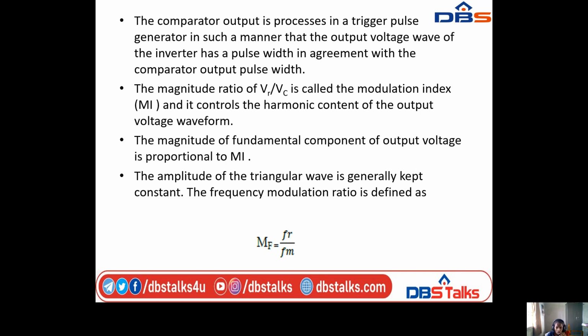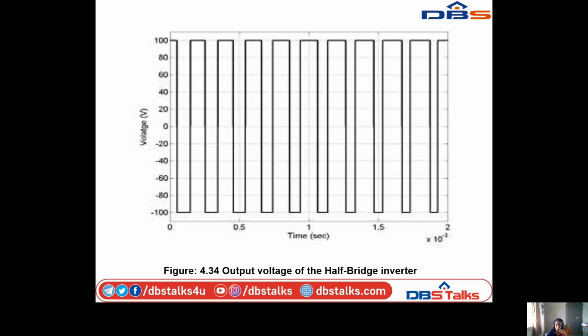So modulation index means VR by VC. Okay, the amplitude of the triangular wave is generally kept constant, and the frequency modulation ratio is defined as fC by fR, so MF equals fC by fR. Okay. So this is the output voltage for the half-bridge inverter. In the PWM technique, with the help of the half-bridge inverter, we explain the PWM technique.